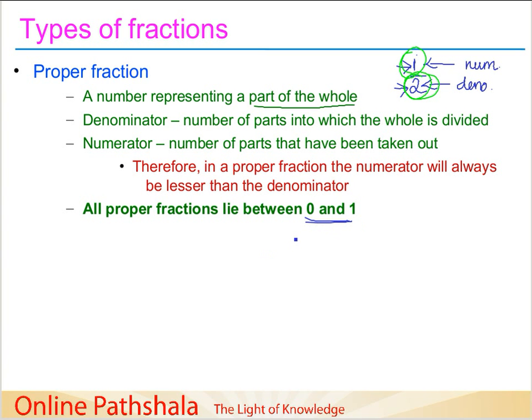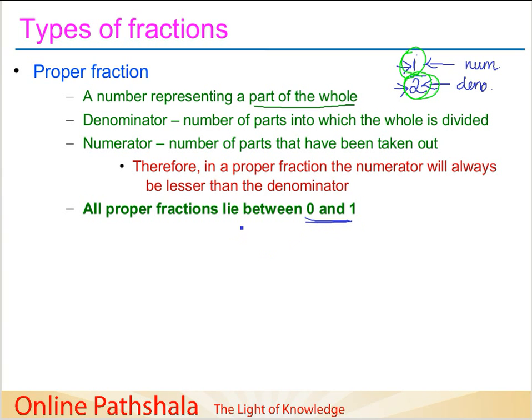I can divide that into as many equal parts as is possible, and whatever parts I take out will be less than the whole. Therefore we can say that all proper fractions lie between 0 and 1.